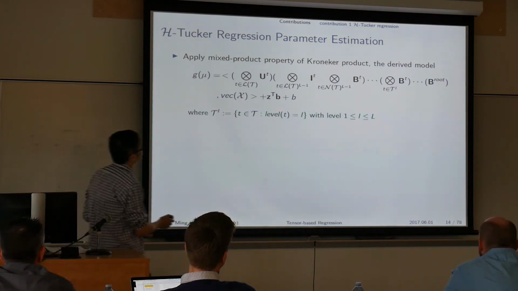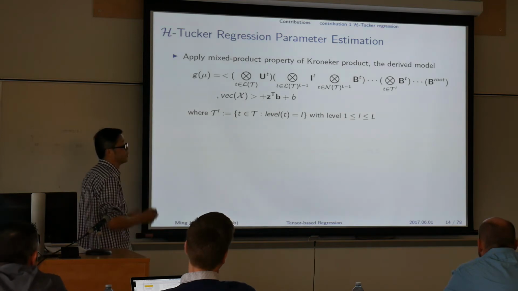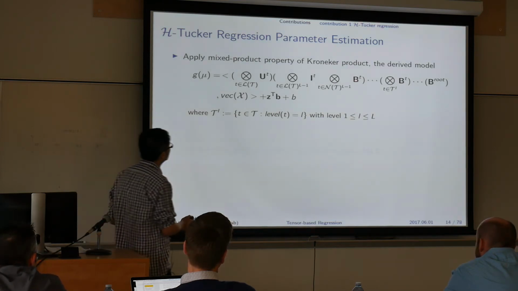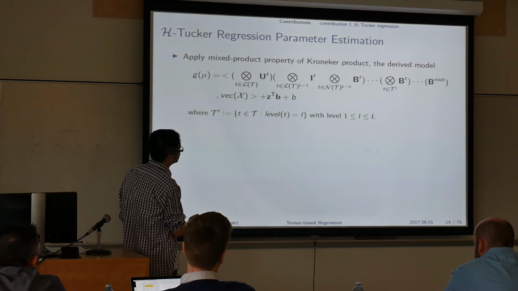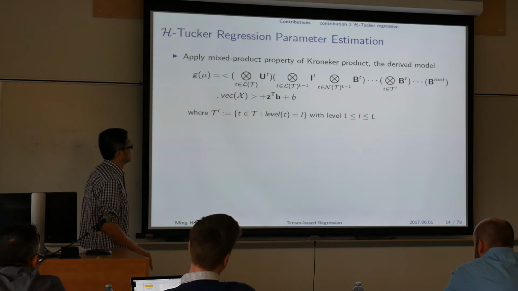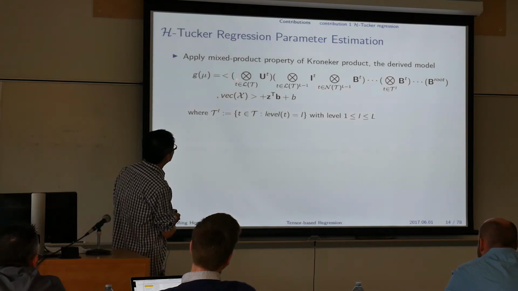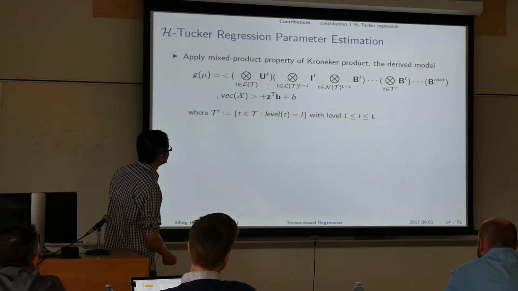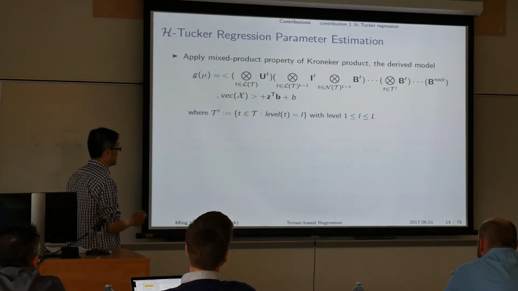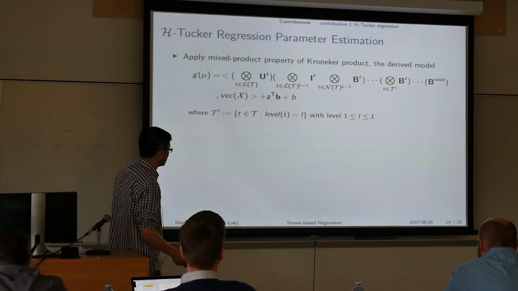So it's clear from this formulation that the model can be fully parameterized just by the basis factors at leaf nodes and transfer matrices at the inner nodes. So it's clear to see the linear systematic part is only linear in each U_t or B_t separately, so we can alternately update each one, U_t or B_t, at a time by keeping the rest fixed.